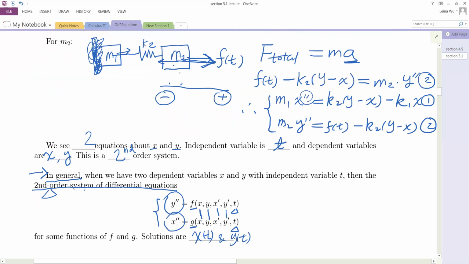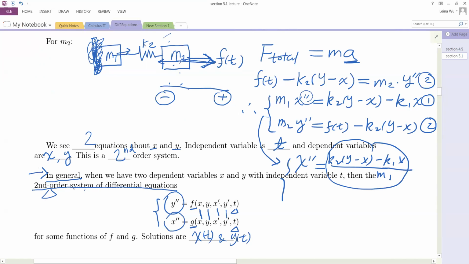So the whole right-hand side divided by m1 will just be the g over here. It's just a function of x, y. You might see t, you might see x prime, you might see y prime on the right-hand side. That's what they're talking about.